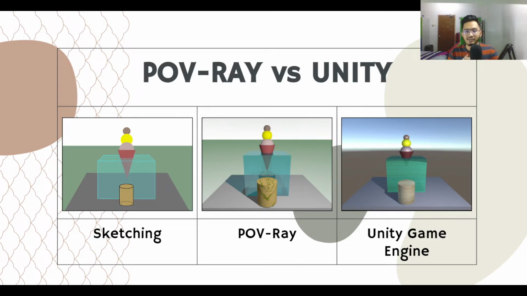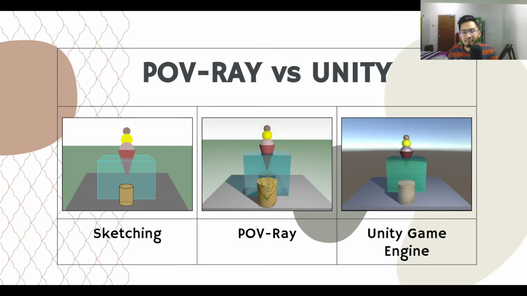The difference between Porphyry and Unity is in how the reflections appear. In Porphyry, the whole shape of the cylinder can be seen in the reflection on the cube.